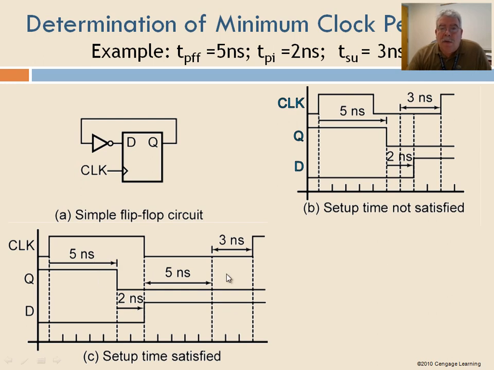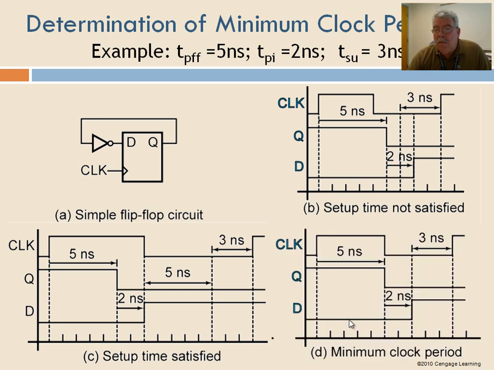Okay, so remember, we're not squeezing this only because the clock is probably symmetrical, but as long as we have the whole period of 10 nanoseconds, we're fine. And at this point we reduce that to the minimum clock period, which would be the maximum frequency. Okay, careful with that. Okay, good.